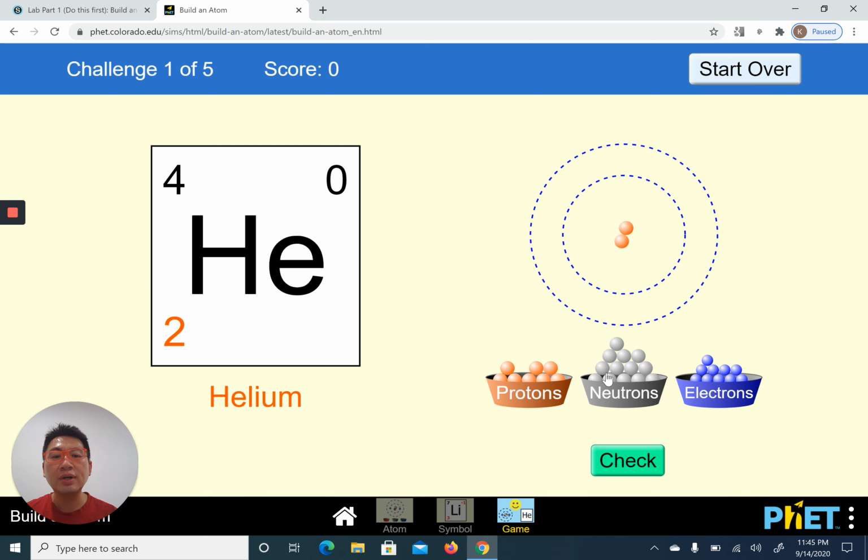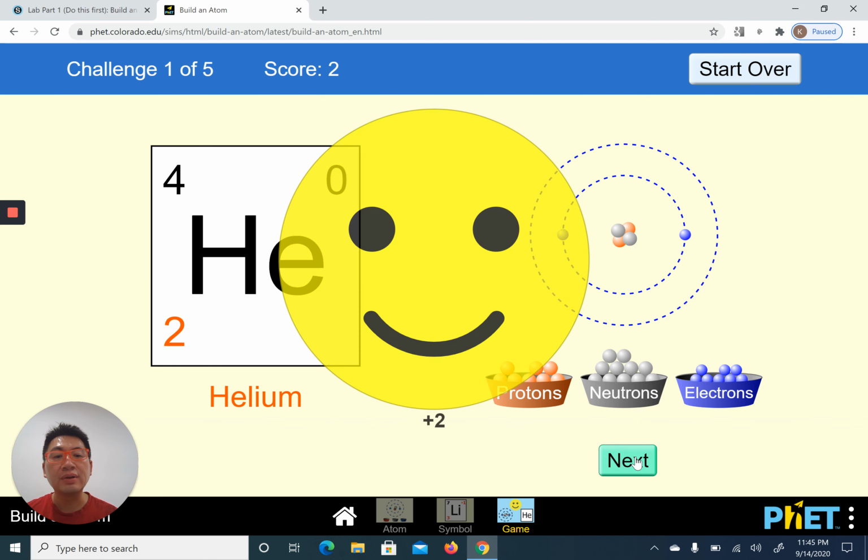How many neutrons should I have? Mass number is 4. 4 minus 2 is 2. I should have 2 neutrons, for a total of 4 things in the center. Last question. How many electrons should I have? There's no charge here. Since I have 2 protons and no charge overall, I'll need 2 electrons.